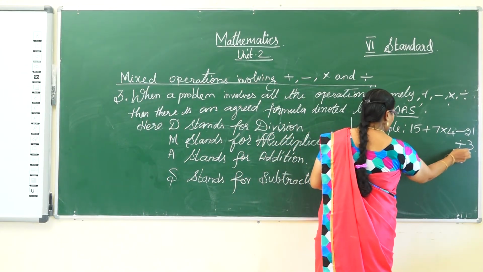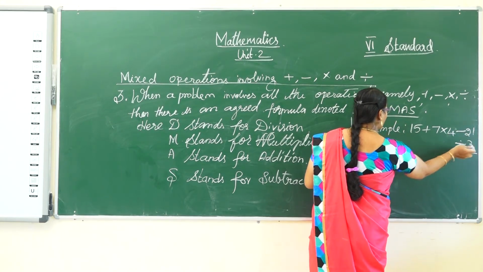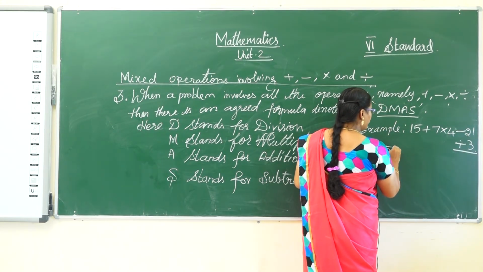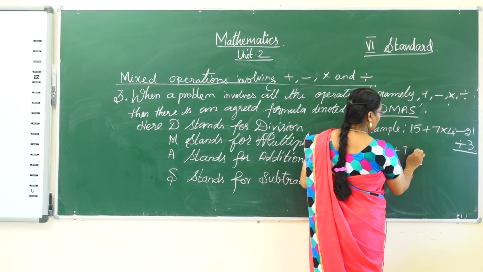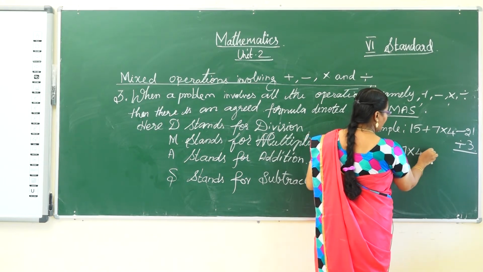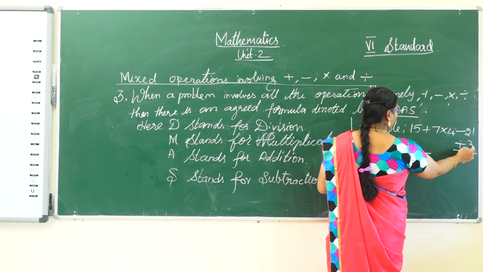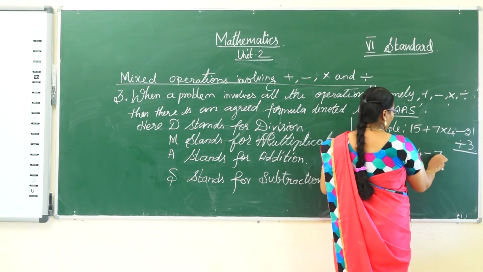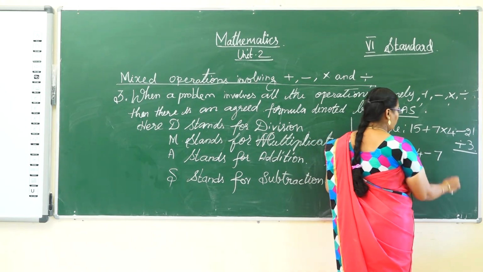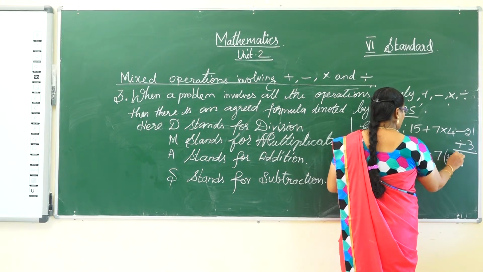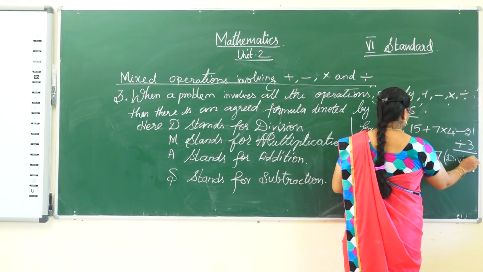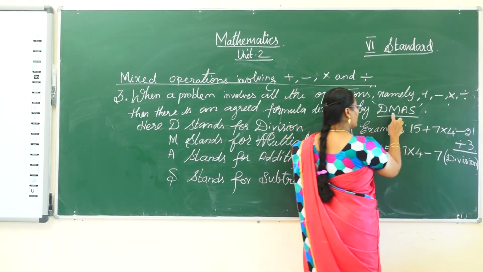21 divided by 3: 7 times 3 we get 21. So here write division. Next preference to multiplication.